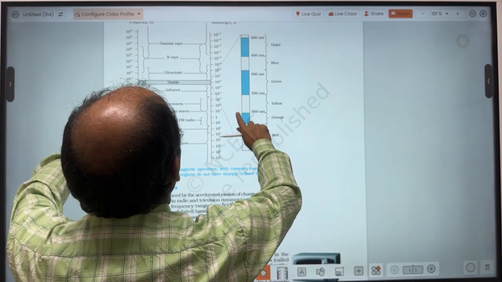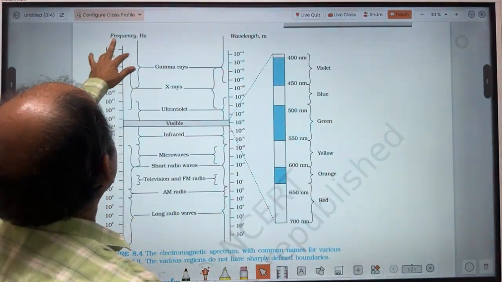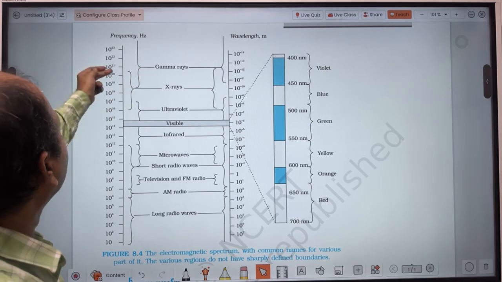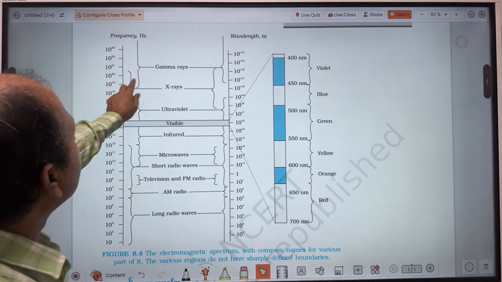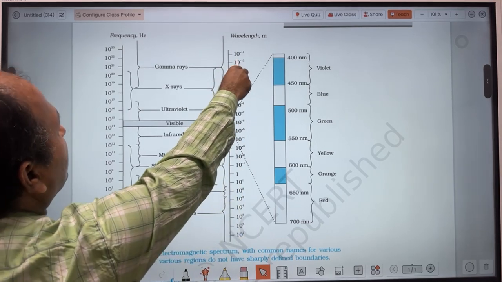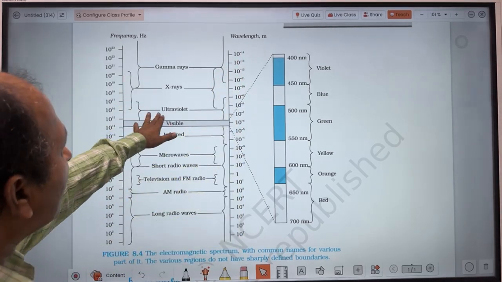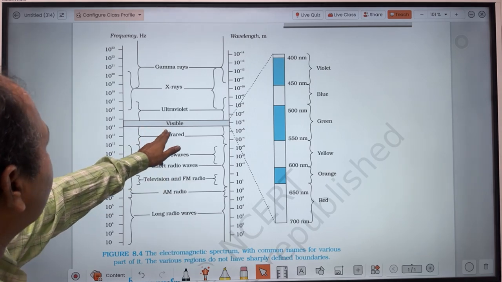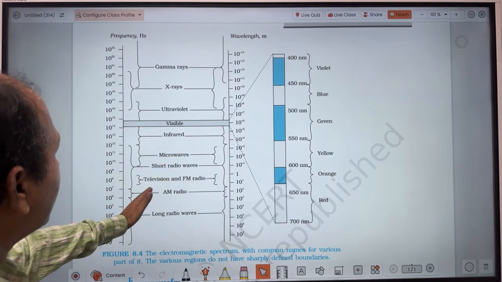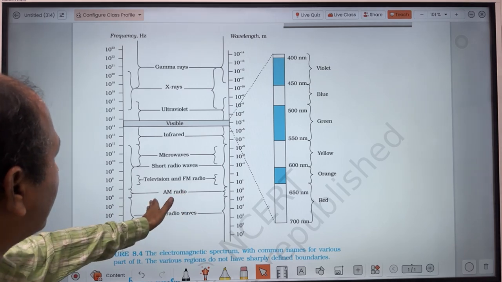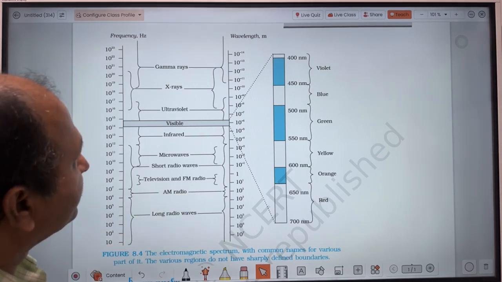So here the spectrum is shown. Here frequency is given, like gamma rays 10 power 23 to 10 power 19, and the corresponding wavelengths are given as 10 power minus 14 to 10 power minus 11. Then come X-rays, then ultraviolet, then visible, then infrared, then microwave, then short wave, then television and FM radio, then AM radio, then long waves.